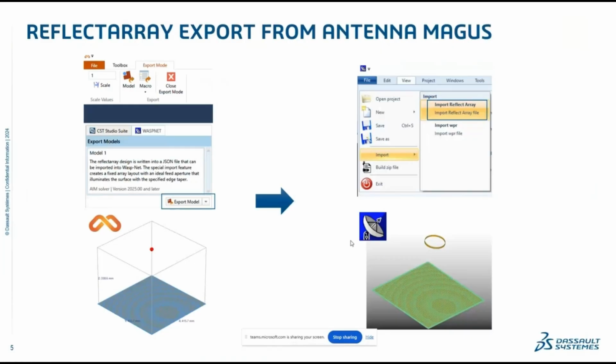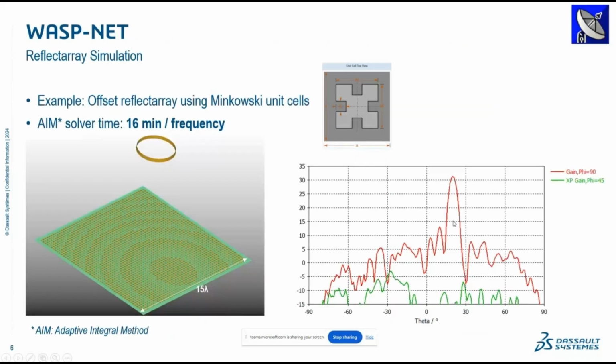For reflect arrays and large metasurfaces, we now have the synthesis in Antenna Makers. Once you synthesize these kinds of reflect arrays, in order to solve them, we now have a new solver available through WaspNet. And we now allow you to export the synthesis of metasurfaces or reflect arrays from Antenna Makers to WaspNet.